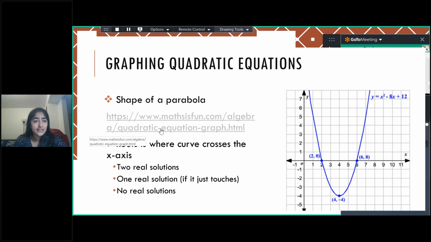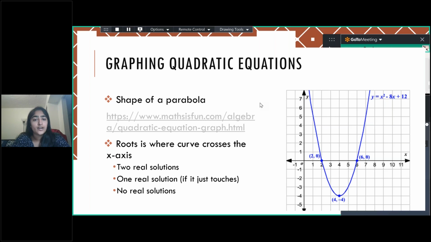I actually have a link here to a website that allows us to play around with these coefficients and see how different coefficients may change how the graph looks.